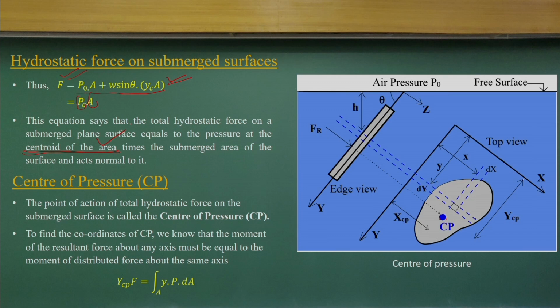The pressure at the centroid is multiplied with the area of the surface, and as we discussed earlier, it acts normal to the surface. One way is to do integrations and find these things.